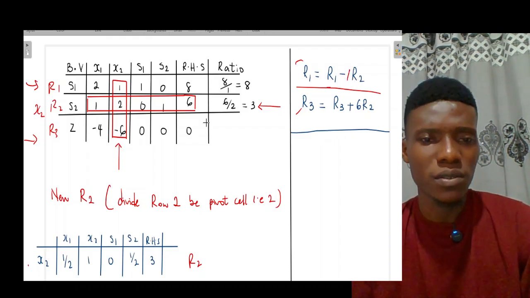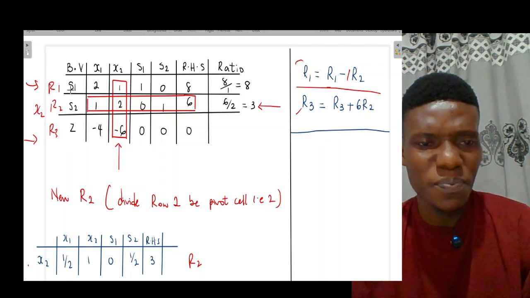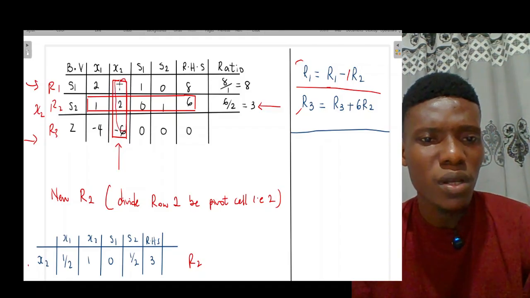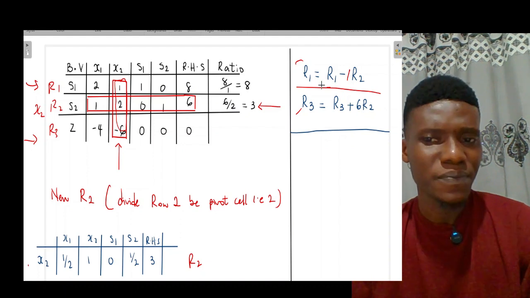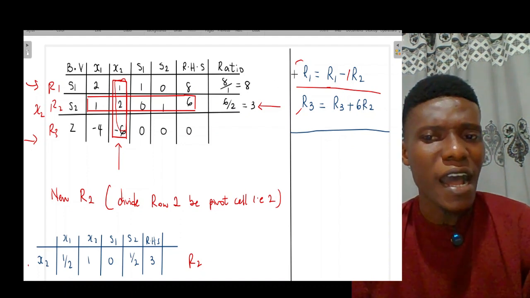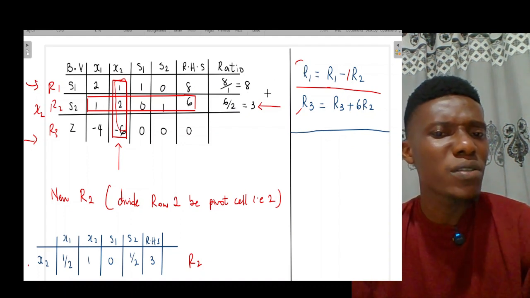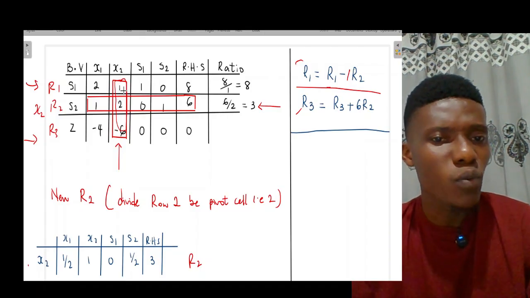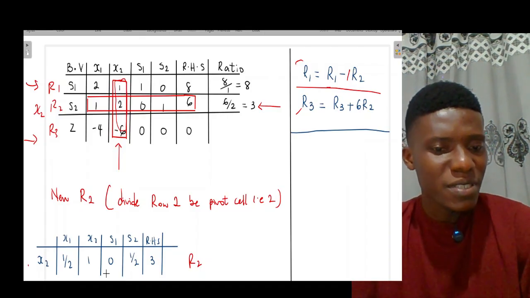Where did we get this one? From the previous one. We are using this pivot column to create the formula. So you say R1 is equal to R1 minus, if it is a positive number, you use minus the 1 times the new R2.